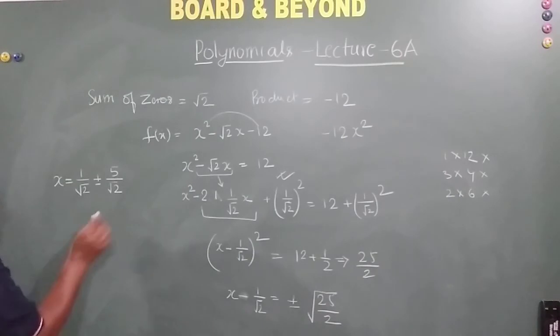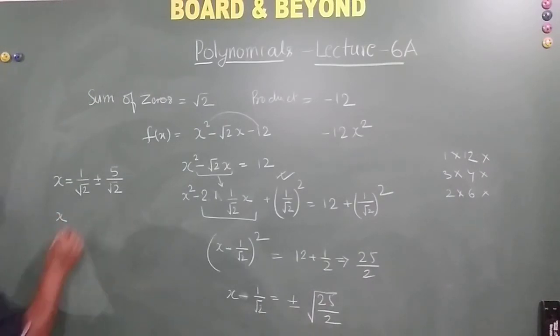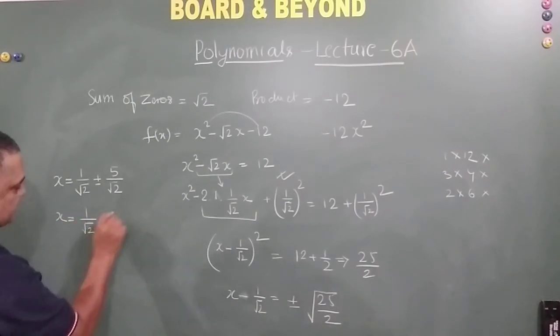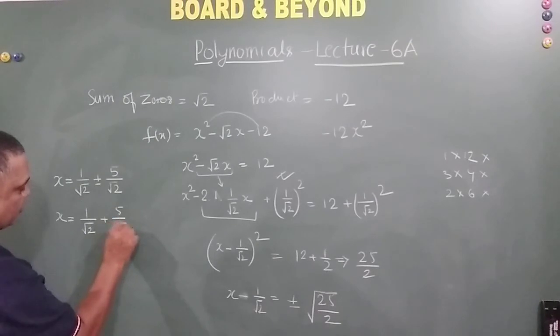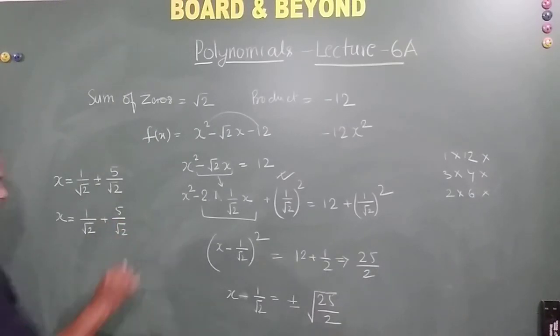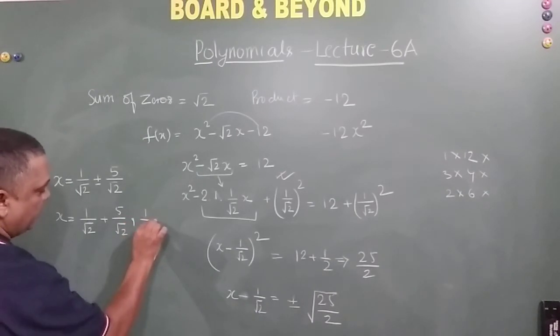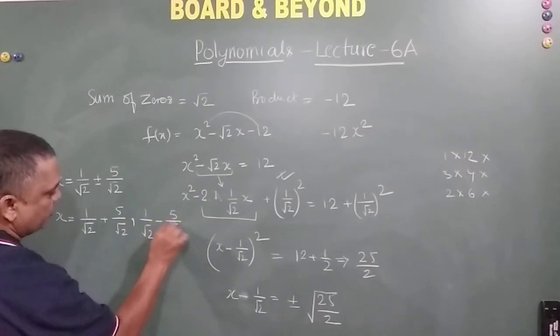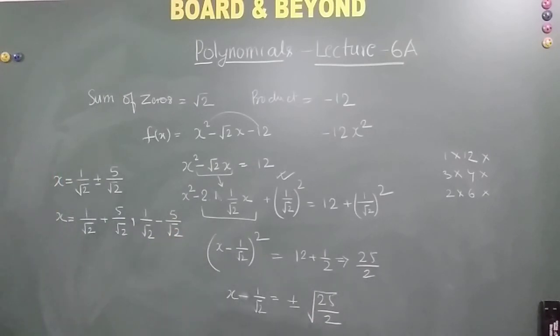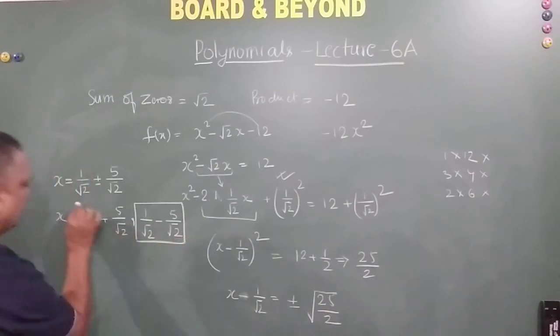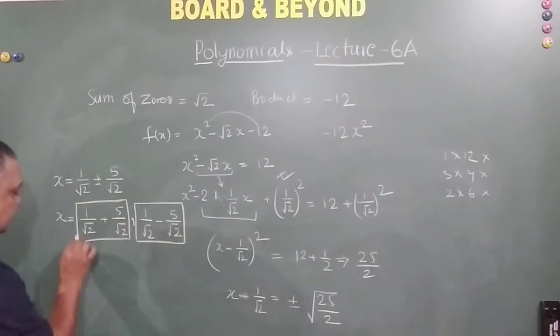So x is equal to, finally, okay, how much? 1 by root 2 plus 5 by root 2, and 1 by root 2 minus 5 by root 2. You got my friends? So this and this are the two roots, correct?